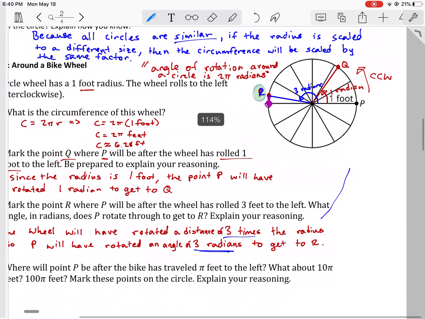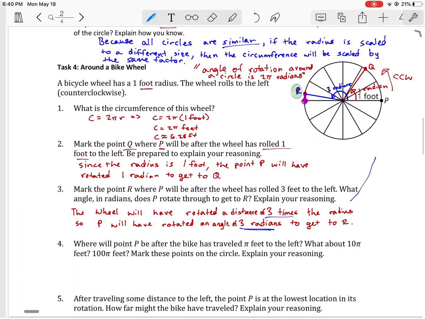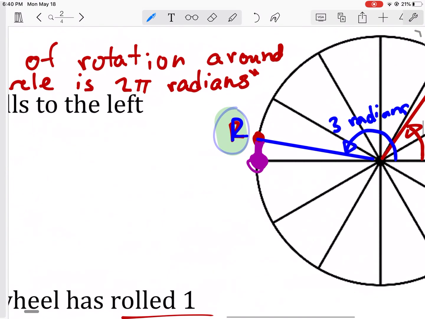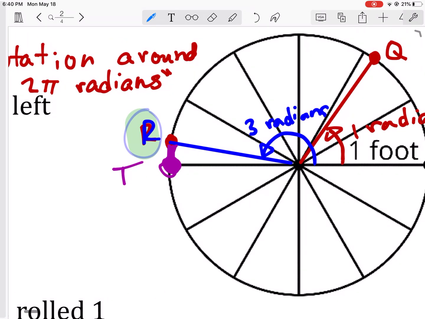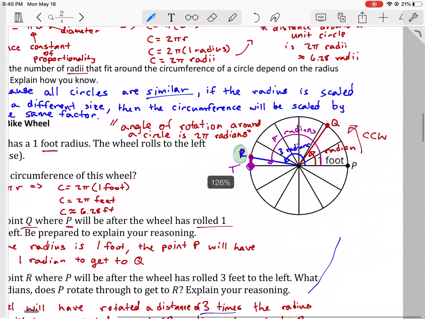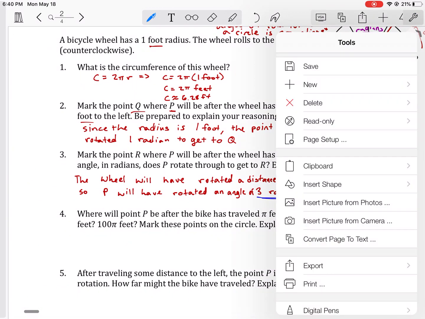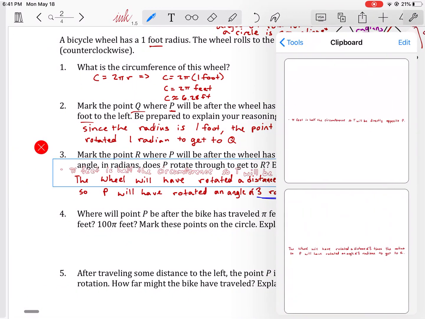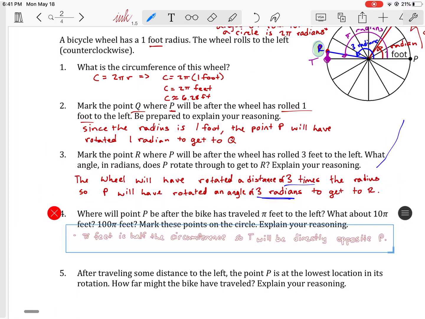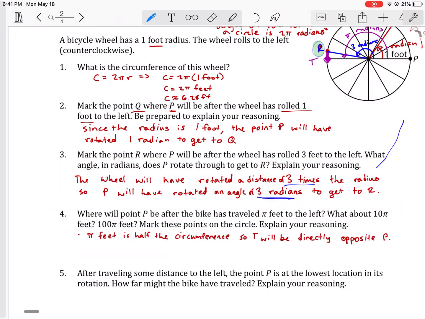We didn't really give it a letter, I guess, so I'll call it T. And the angle of rotation all the way through to here would have been pi radians. And my explanation is that pi feet is half the circumference.